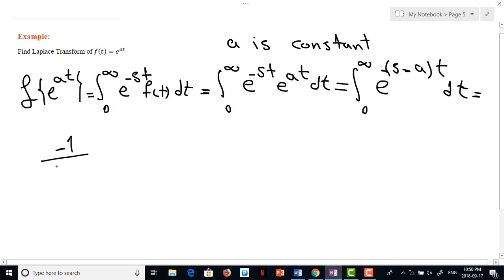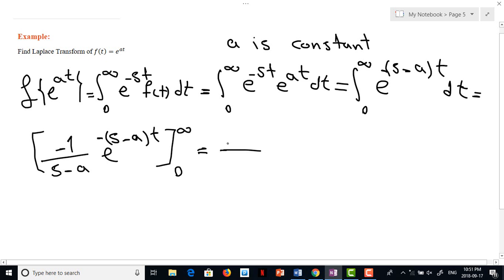minus 1 divided by (s minus a) times e to the power of minus (s minus a) t, and now we have to apply the upper limit and lower limit. So here we have 0, here we have infinity.